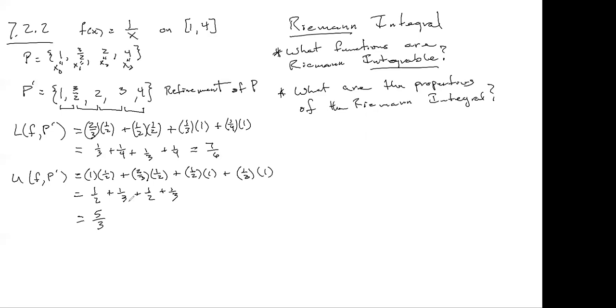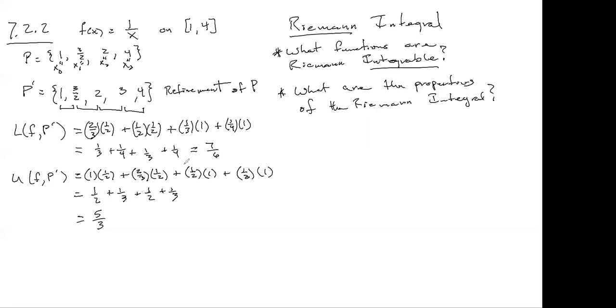So instead, what we're going to do is find a sequence of partitions, and you're actually going to prove that this works, where the upper and the lower sum keep getting closer and closer together. And then we just look at the limit of that, and that limit is going to be our integral.